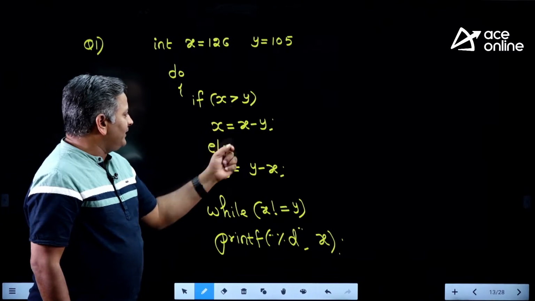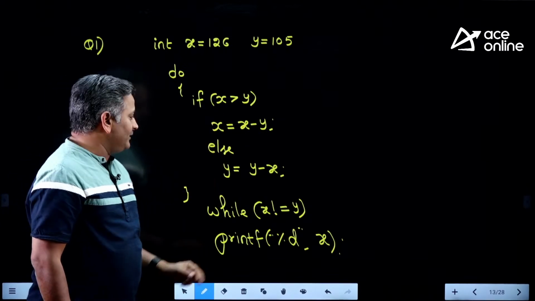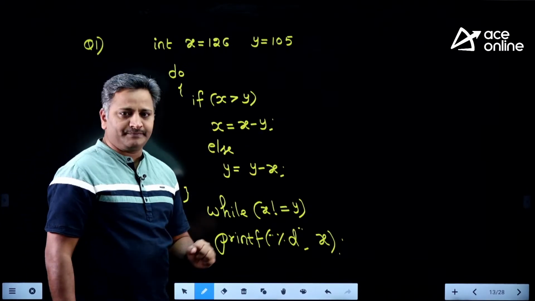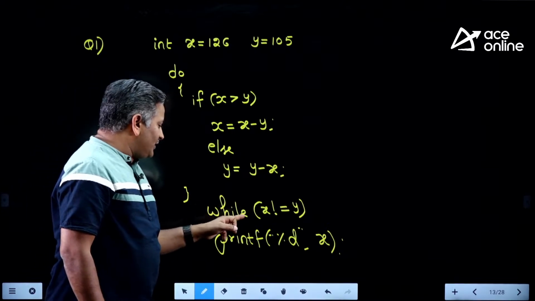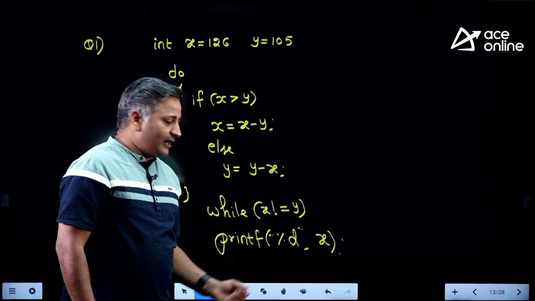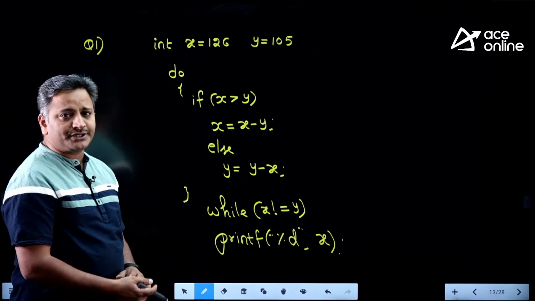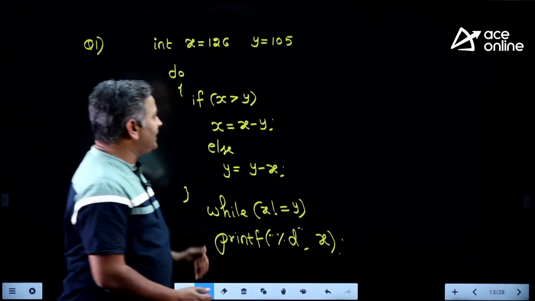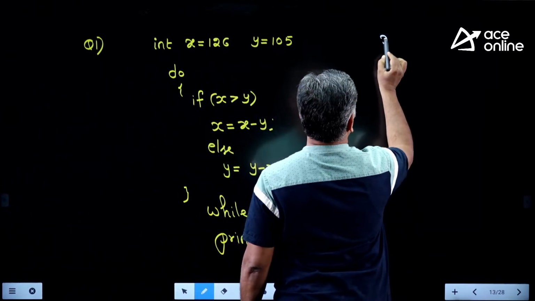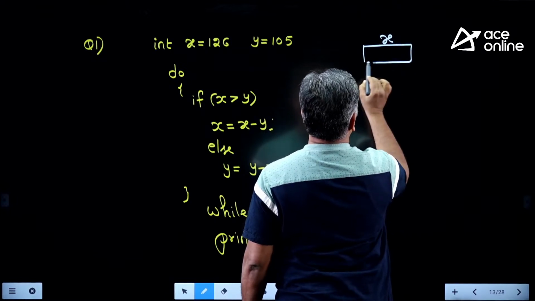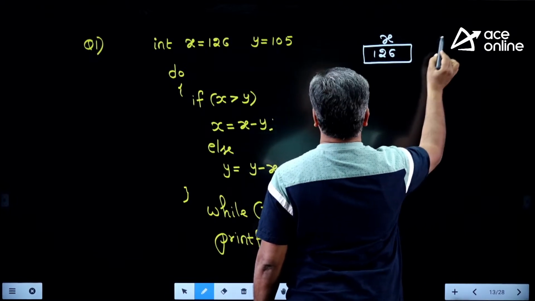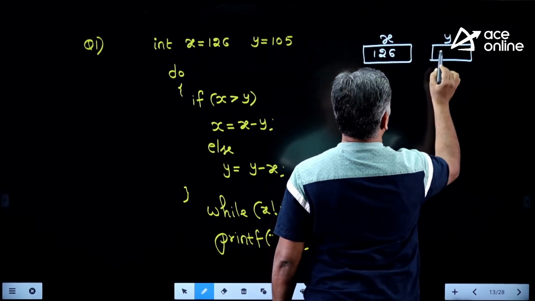If x > y, x = x - y, otherwise y = y - x. And you have to do this as long as x != y, and afterwards you have to print the value of x. Okay, so this is a GCD-based question, verify if the question is correct or not. If it is correct, the explanation looks like this. x has the value 126 and y has the value 105.